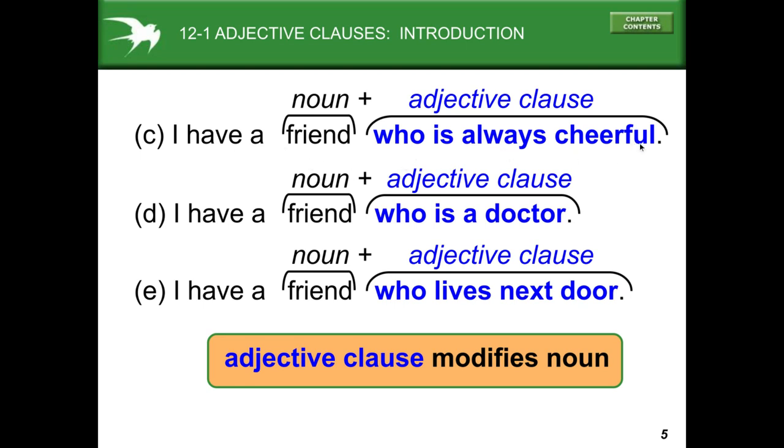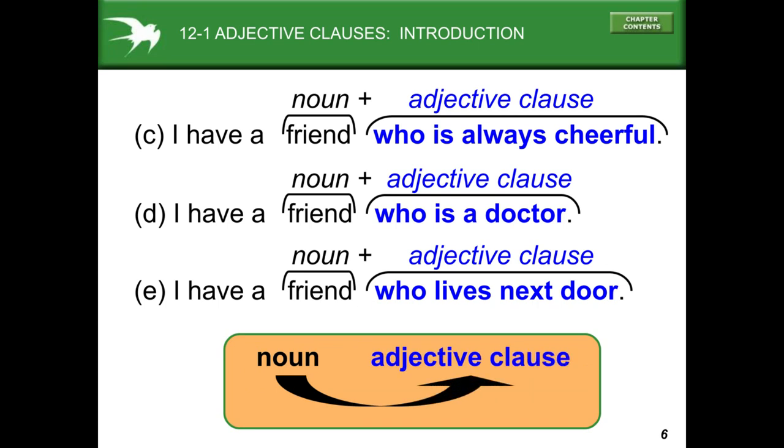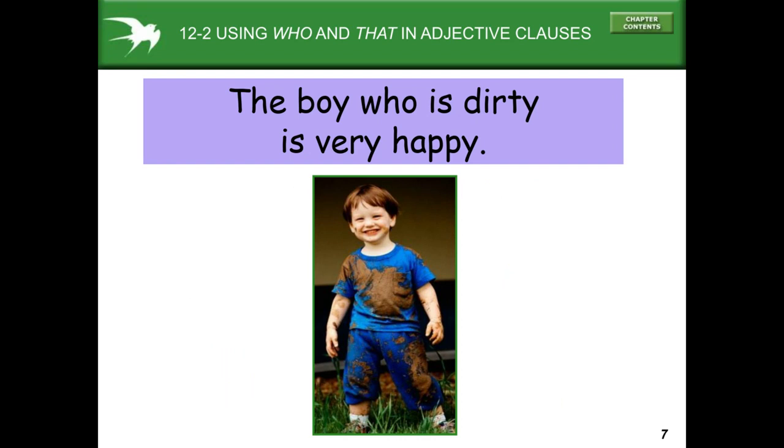Oh, that adds more description than just a singular adjective. I have a friend who is a doctor. Oh, nice. I have a friend who lives next door. In the blue, these are going to be our adjective clauses, and see that they modify a noun and they go after the noun. So an adjective clause goes after a noun.